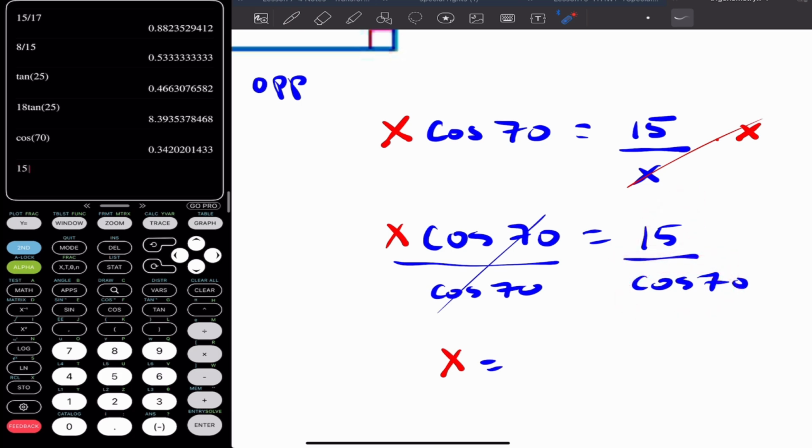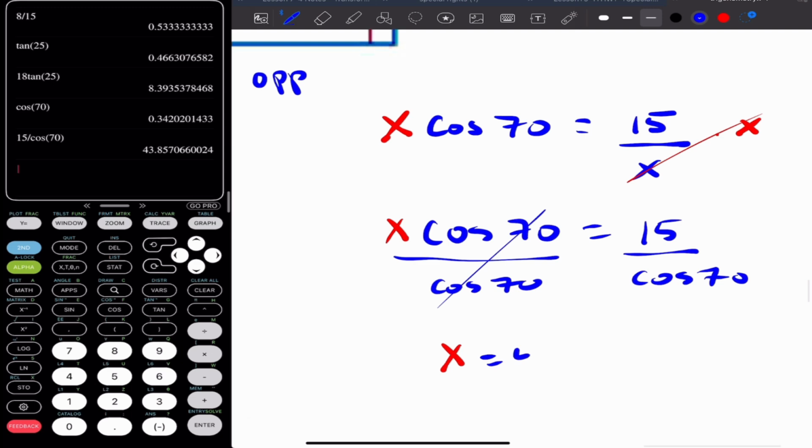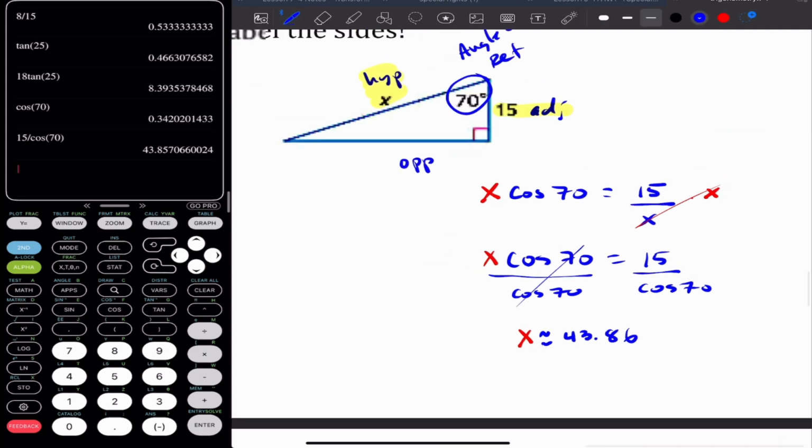Input 15 divided by cosine, input 70, close it with the parentheses, press enter. What is your answer? Round to the nearest hundredth, so that 7 is going to dictate that 5, so it's approximately 43.86. And that is your answer for x.